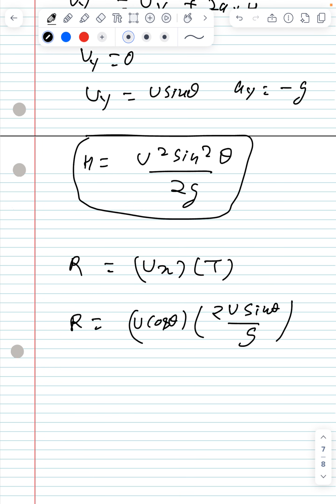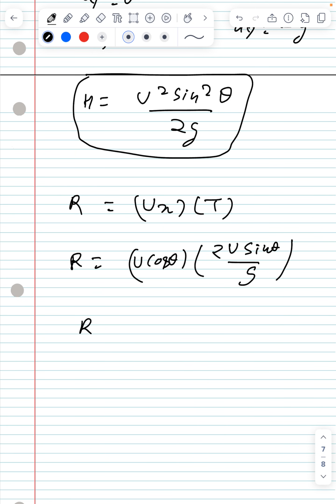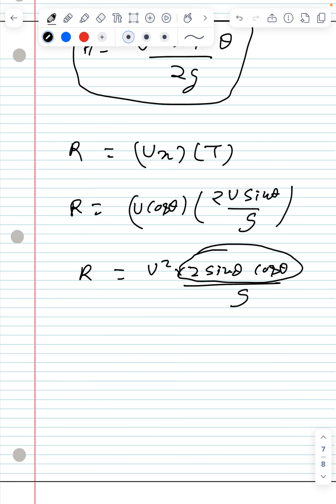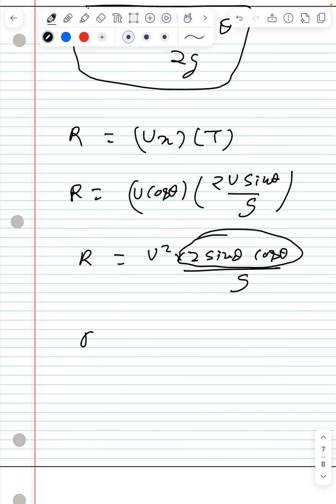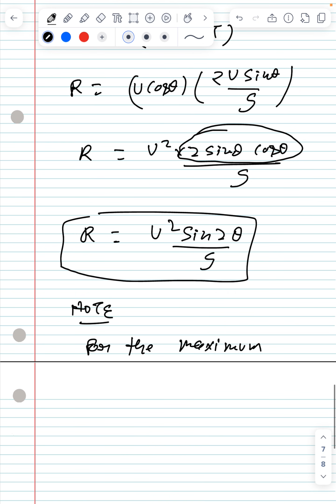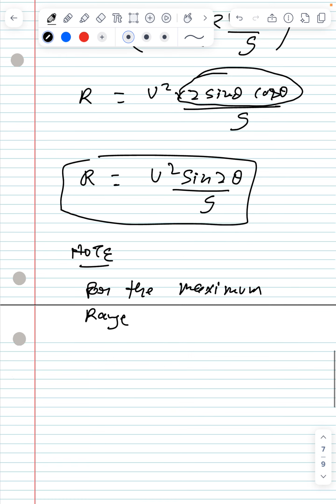Displacement equals velocity along the horizontal direction multiplied by flight time, mean R equals u cos theta, the value of ux, times the flight time, as in my previous explanation, T equals 2u sin theta divided by g, and R equals u square 2 sin theta cos theta divided by g.